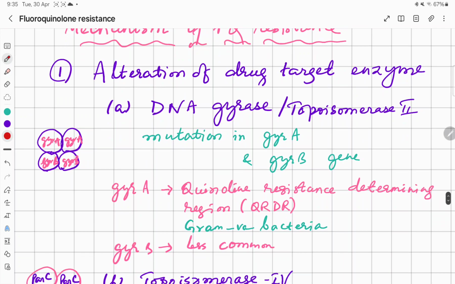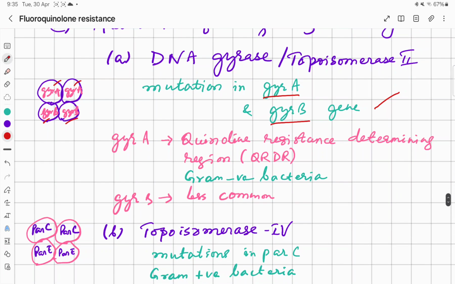There are two gyrase A subunits and two gyrase B subunits. So the two genes are gyrase A and gyrase B, GYR-A, GYR-B genes. Mutation of these two genes can alter the target enzyme, that is DNA gyrase, and most common is the gyrase A gene, located in the quinolone resistance determining region or QRDR, mostly in case of gram-negative bacteria.